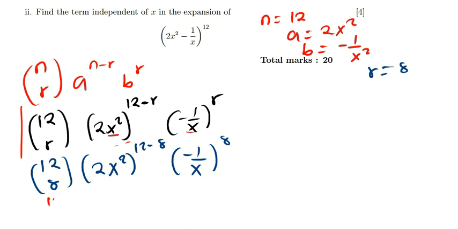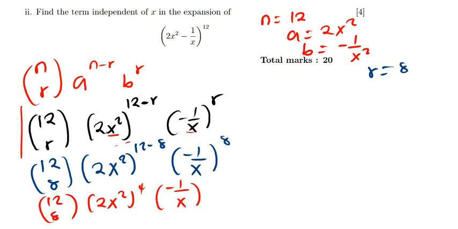So I'll have 12 choose 8, then 12 minus 8 is 4 on top here. So I'm going to have now 2x squared to the power 4, times negative 1 over x to the power 8.